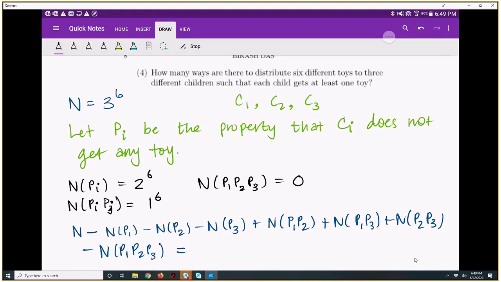So we have these numbers now. We know that n is 3 to the power 6. Then I'm subtracting, this is 2 to the power 6, this is 2 to the power 6, and this is 2 to the power 6, so 3 times 2 to the power 6. And then again, I have 3 times 1 to the power 6, and then 0.